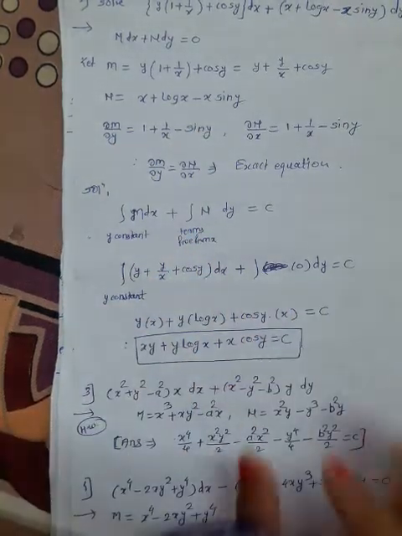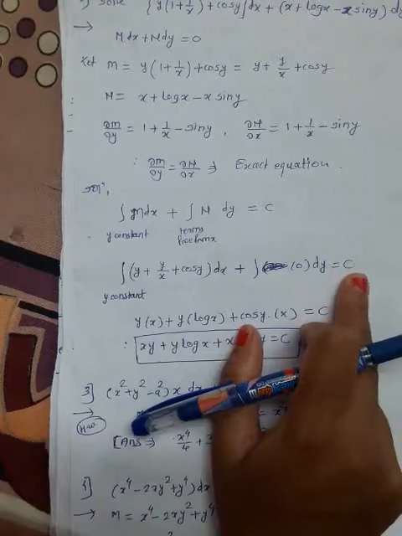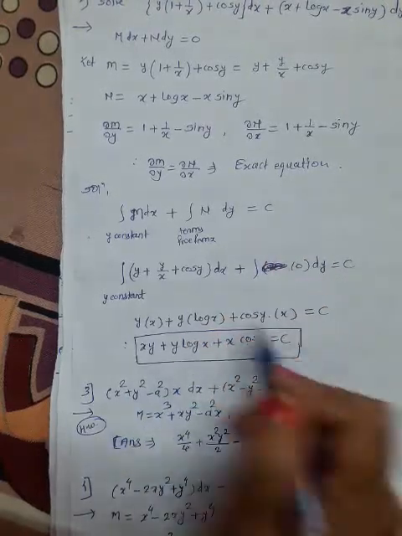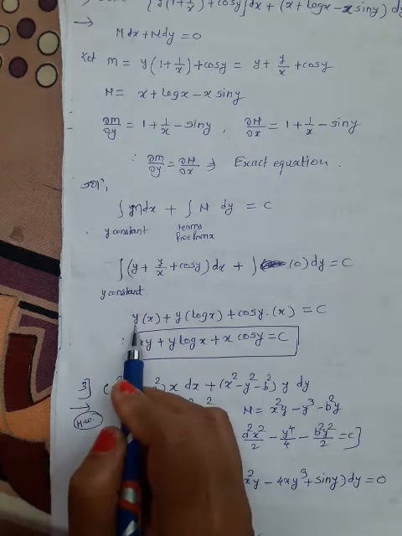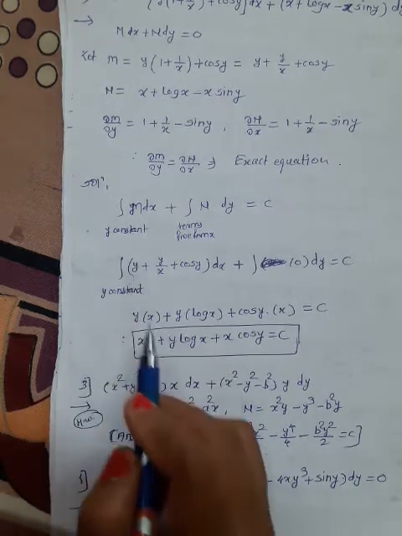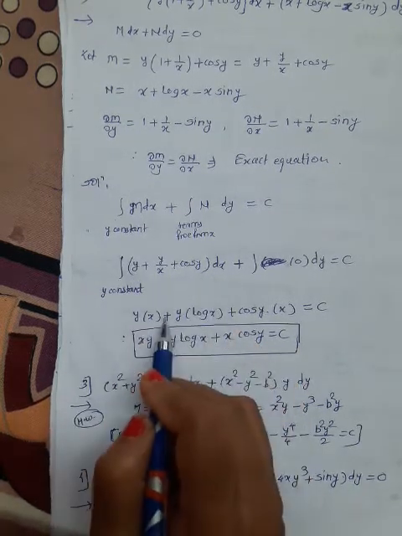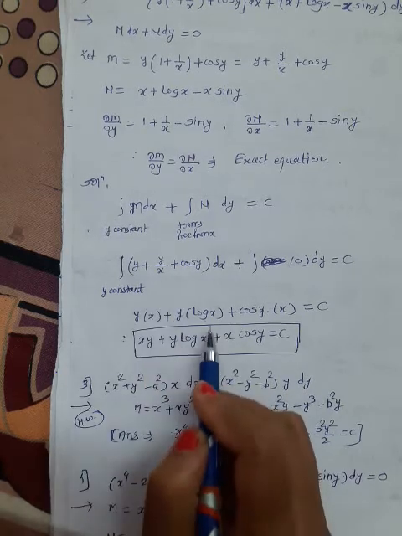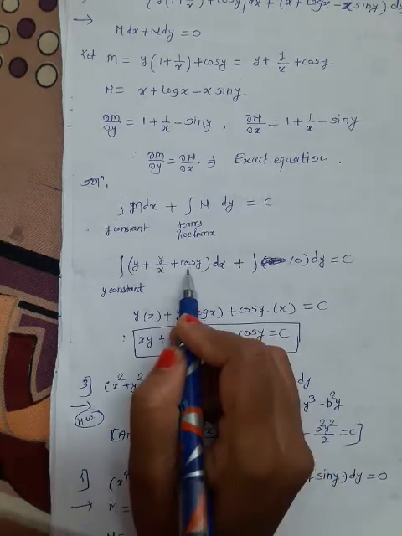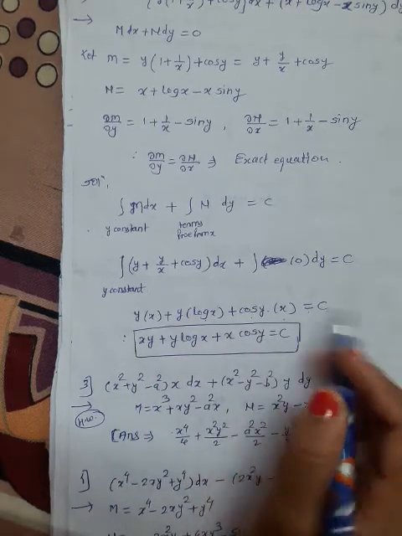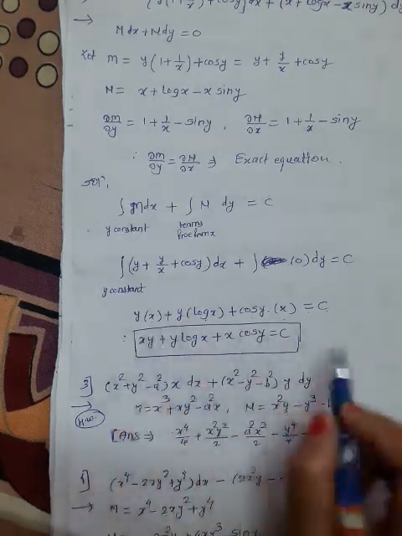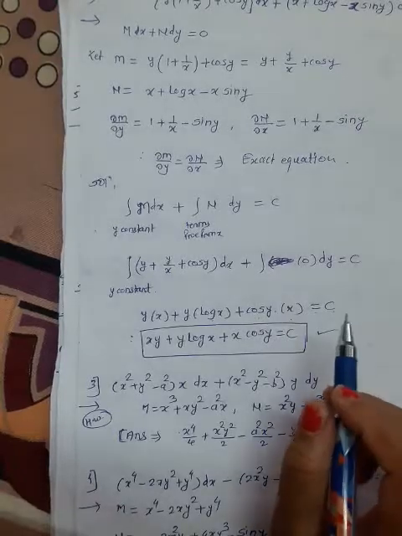No terms means 0 dy, equal to c on the right-hand side. Now integrate with y constant: y is taken outside, the integration of 1 becomes x. Plus, again with y constant, the integration of 1 by x is log x. Cos y is outside as it is constant, the integration of 1 is x, equal to c. That's why the solution is this.